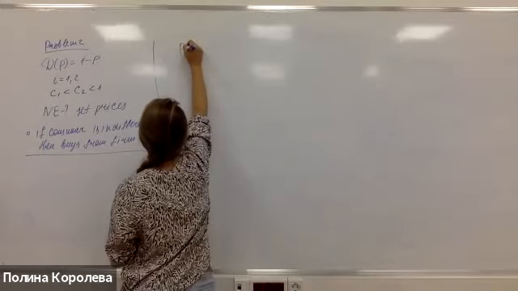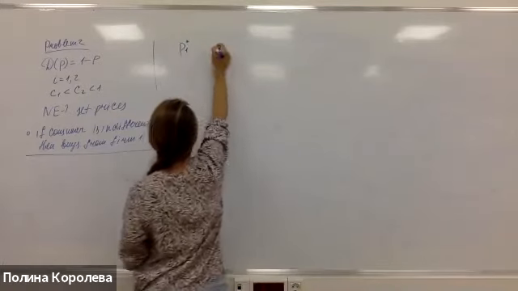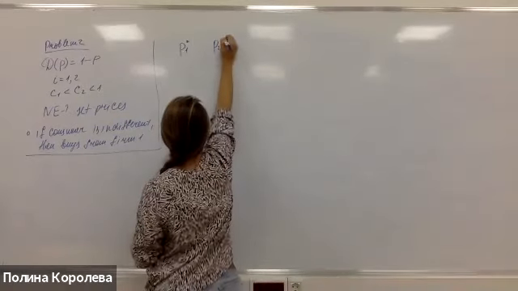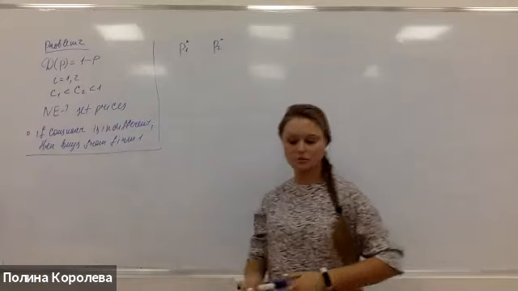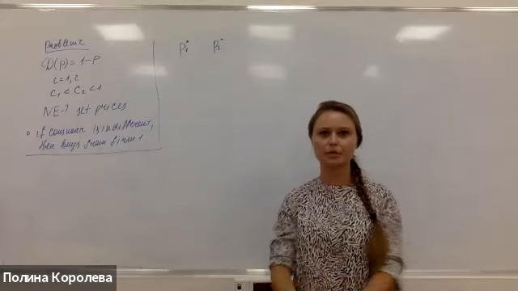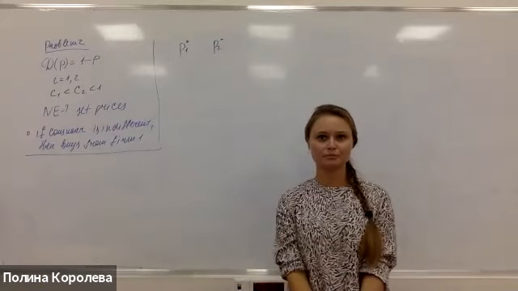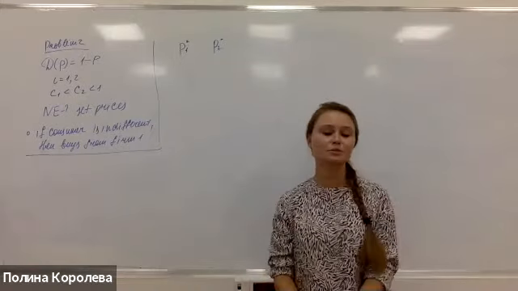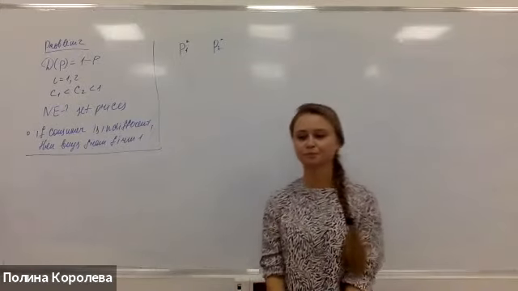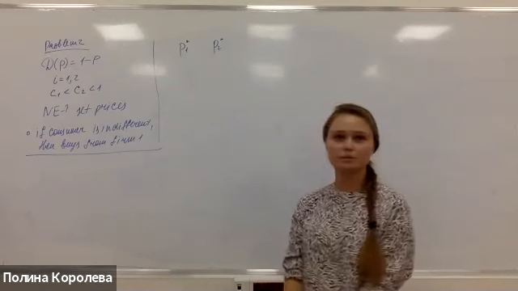What will be the optimal price for the first firm, and the optimal price for the second firm? You can tell me the solution to this problem. What do you think?